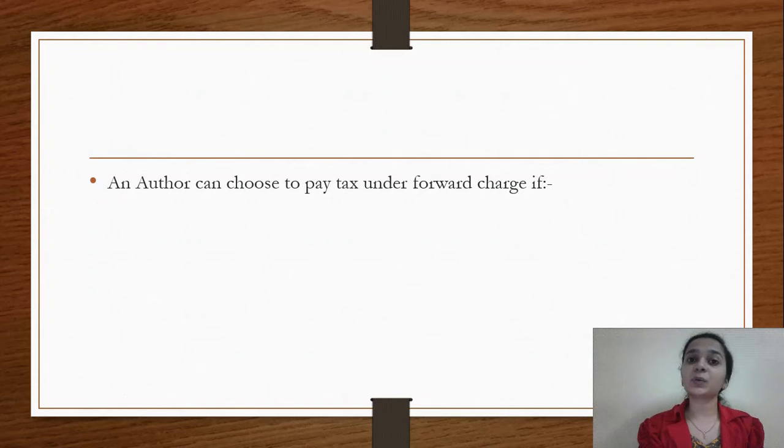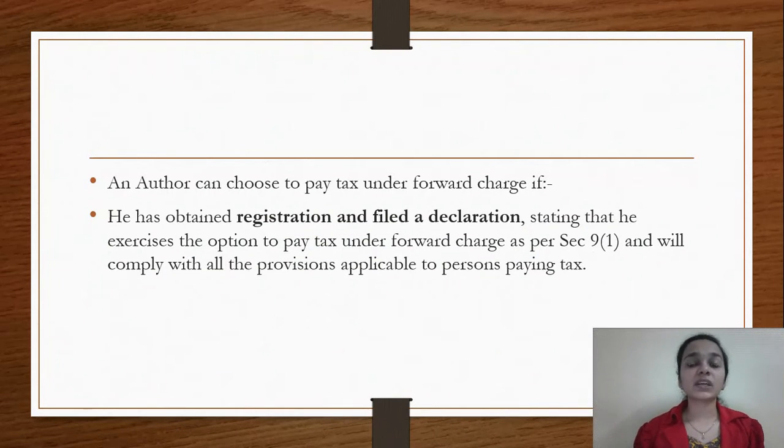Now, talking about the conditions, the first condition is that he should have obtained registration under GST, and apart from obtaining registration, he is also required to file a declaration. अभी सबसे पहला requirement क्या है? The first and foremost requirement is that he should obtain registration under GST, and only registration is not the thing.